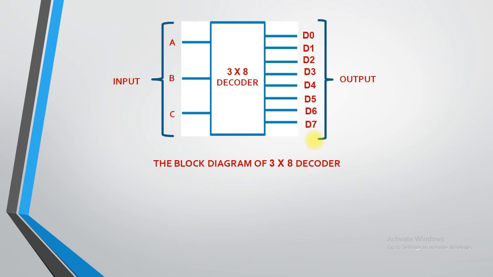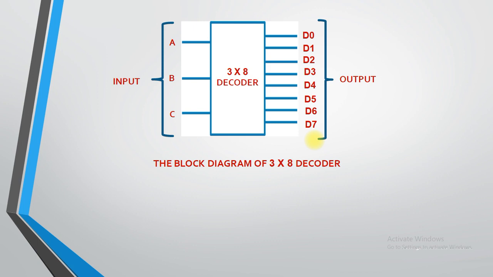After that, you need to write the logic. Say for example, in the first case, the value of A, B and C is 0. So what you need to write? A dash, B dash, C dash. Yes or no? In this way, you need to write the logic for all the 8 combinations.